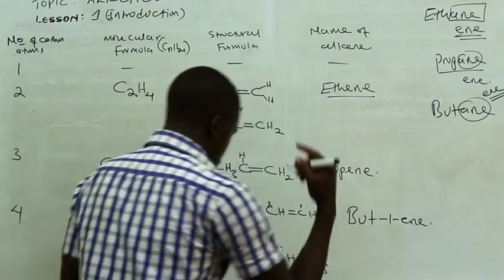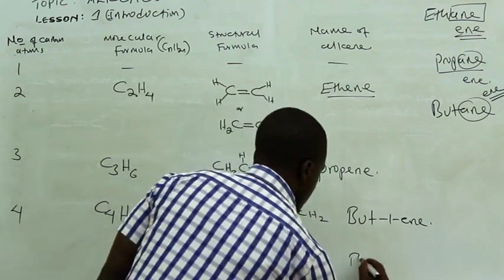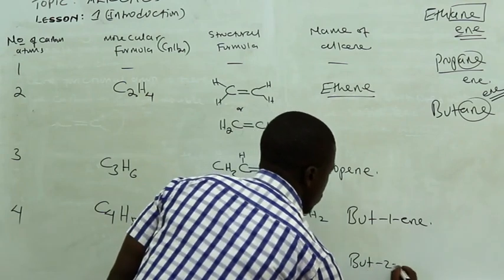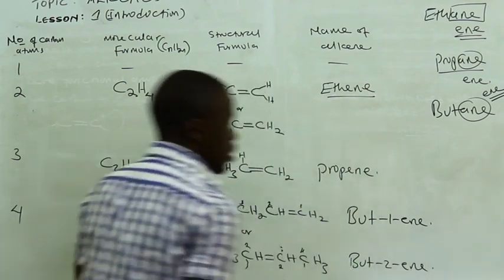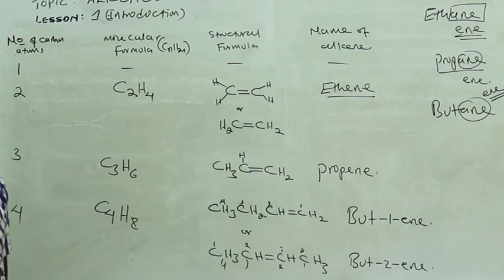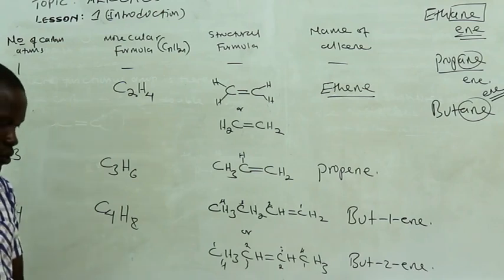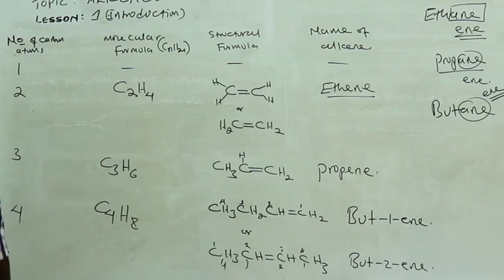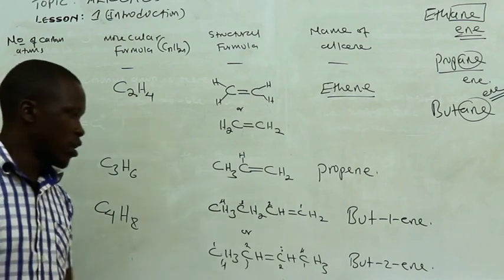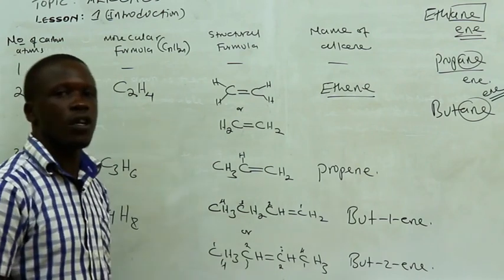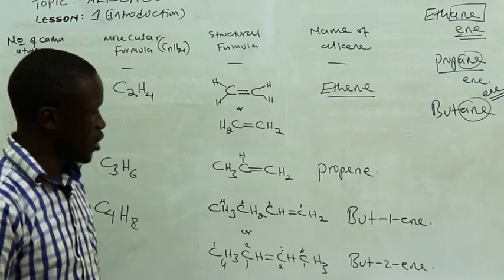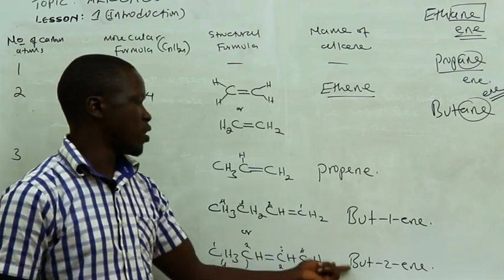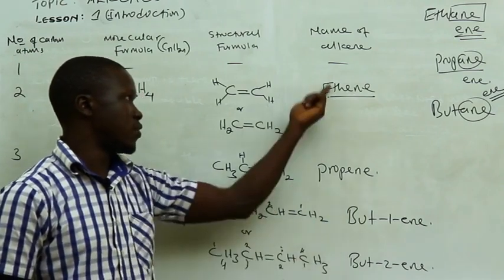And then here we have what we call but-2-ene. We are separating numbers from words using dashes. These are rules that we generated in alkenes, and that's why I was saying the nomenclature of alkenes is very important.